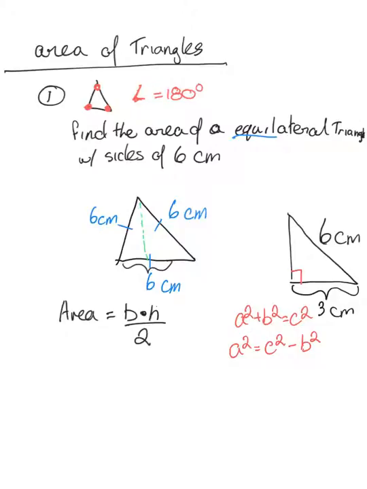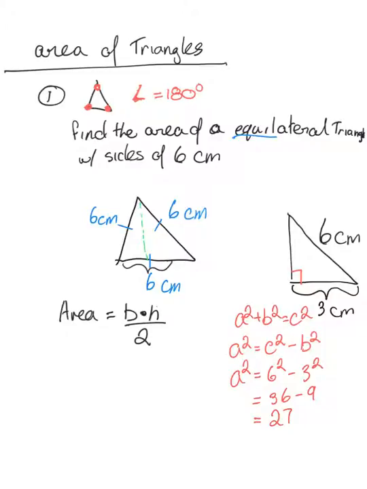We are looking for a, but we know that c is 6, so c squared minus 3 squared would equal 36 minus 9, which equals 27.